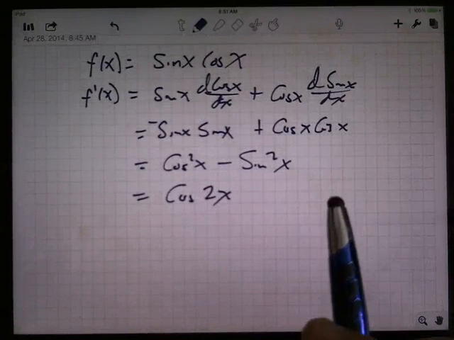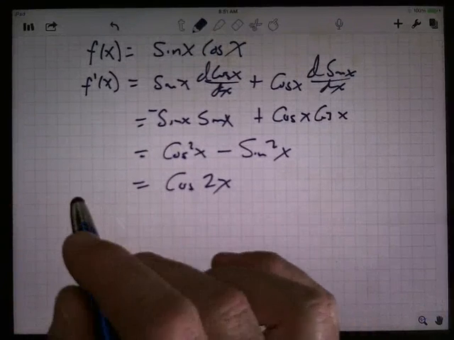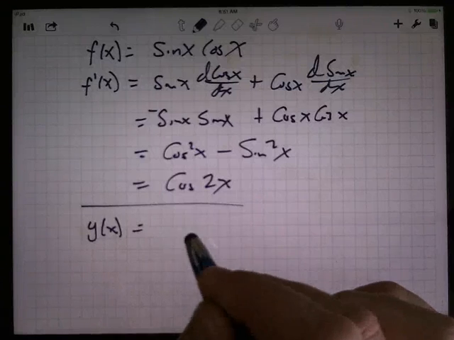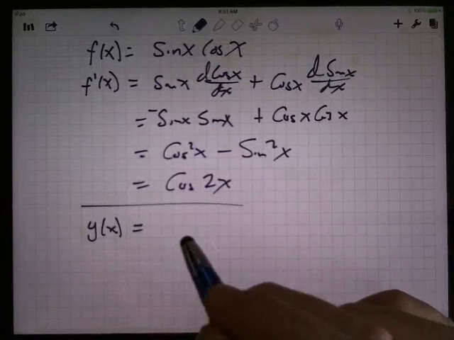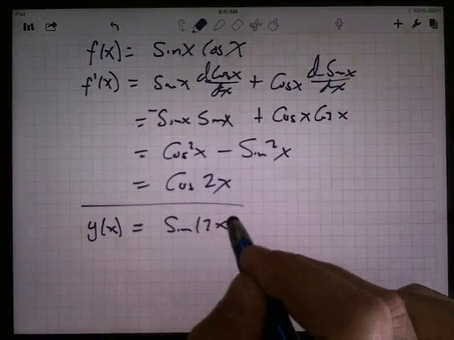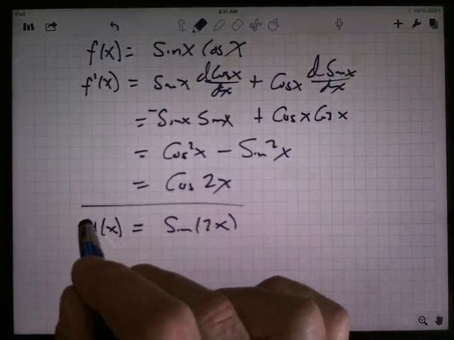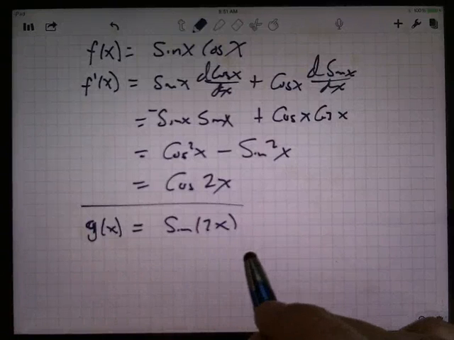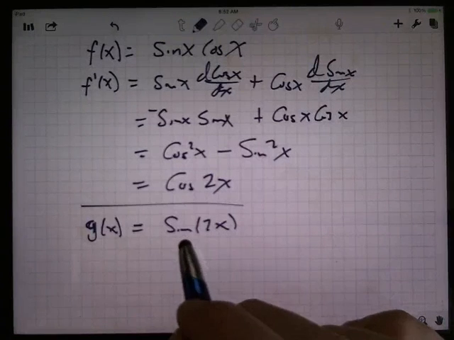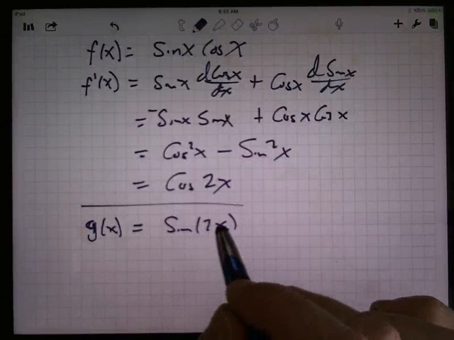Another thing that may show up here in some of these problems is that if you actually had, at least at this stage of the game, and this is just a game, right? If you had this, and they want you to take the derivative, g of x is sine of 2x. At the moment, we don't have a rule for how you do sine of 2x. We have sine of x, and what does the 2 do?